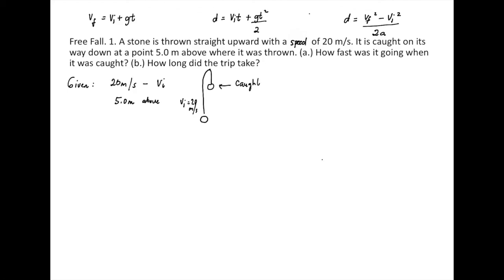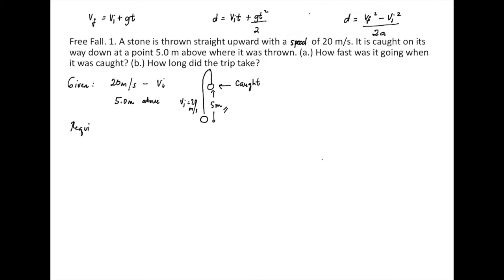The ball was caught where it is 5 meters above where it was thrown. So we are asked here for letter A, how fast was it going when it was caught?